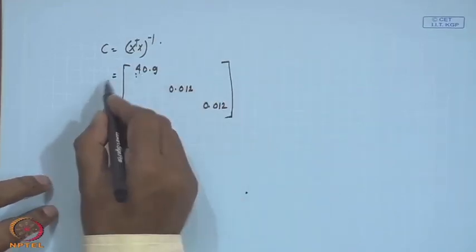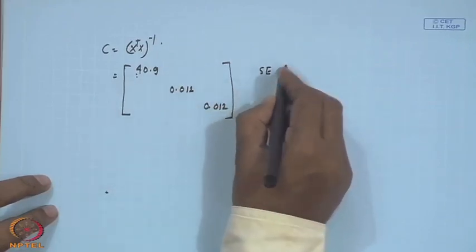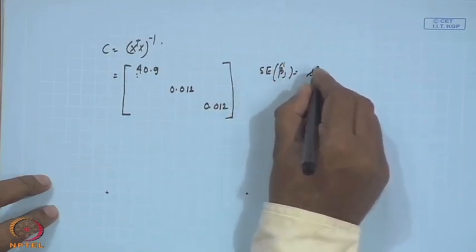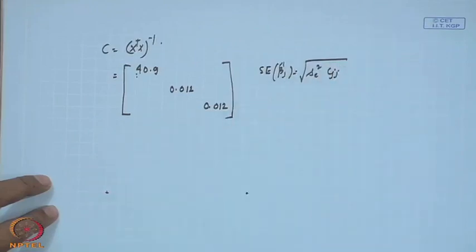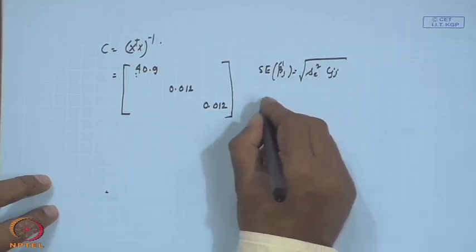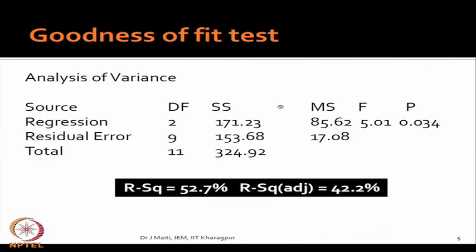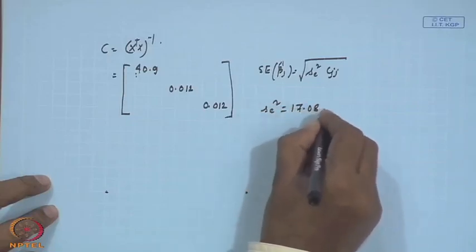So, then this one is C, and your standard error of beta j cap is the square root of sigma-cap square times Cjj. What is the sigma-cap square value we got? I think I told you that it is 17.08.